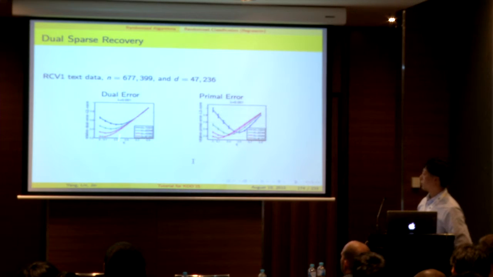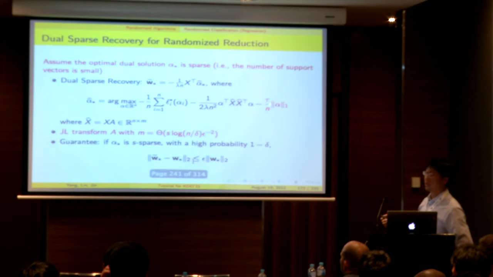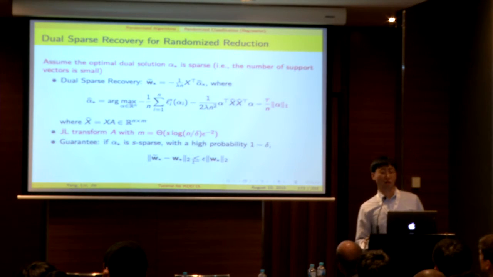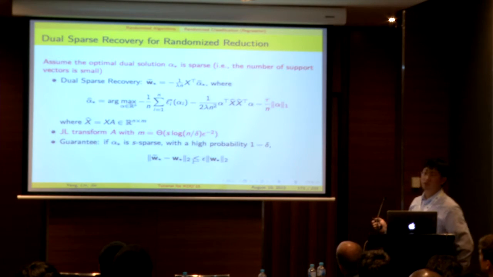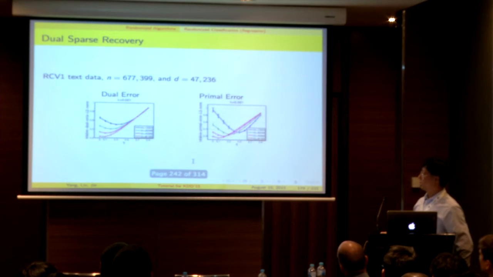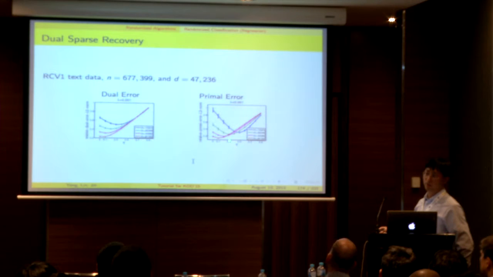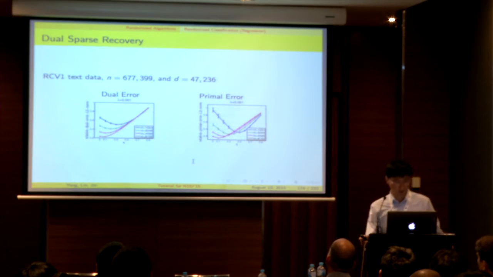Here we show the dual error in terms of the regularization parameter we add here. If tau is 0, this is the original dual recovery approach. If we increase the tau value to a slightly larger value, we indeed observe a smaller dual error and also a smaller primal error. So this is better than the dual recovery.